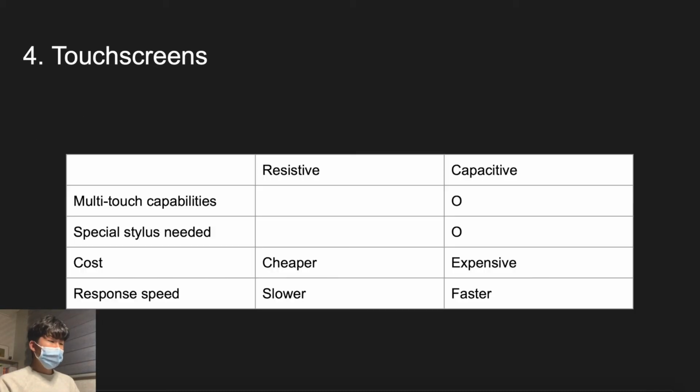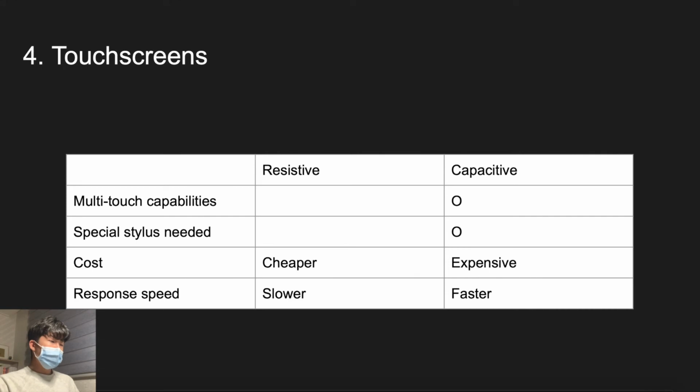Now I want to move on and talk about the difference between capacitive and resistive touchscreen, that you might get confused, because the difference between capacitive touchscreen and resistive touchscreen is asked frequently on the IGCSE paper, like in the checkbox format.